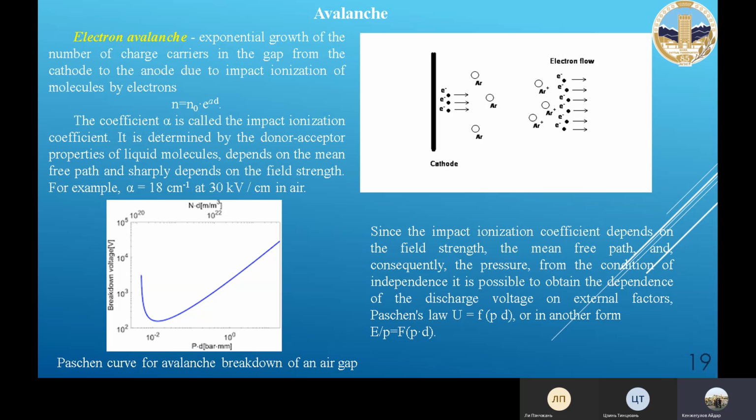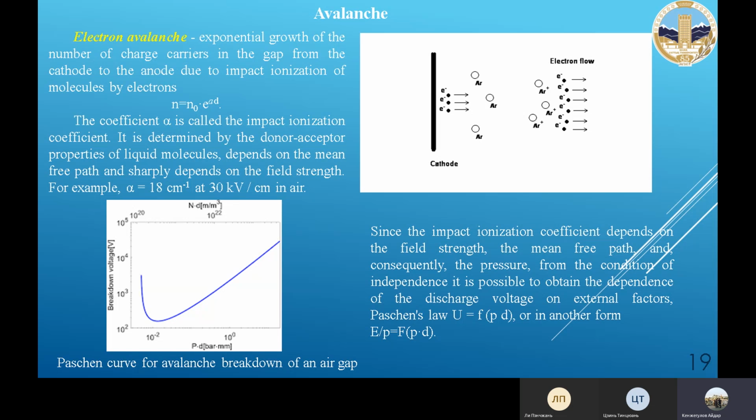Since the impact ionization coefficient depends on the field strength, the mean free path and consequently the pressure, from the condition of independence it is possible to obtain the dependence of the discharge voltage on external factors.